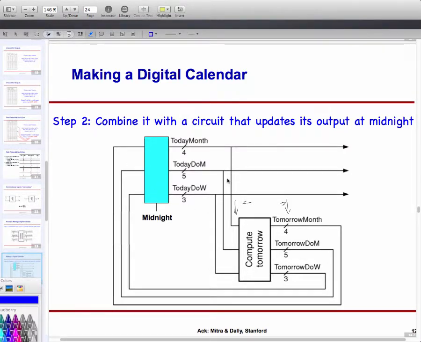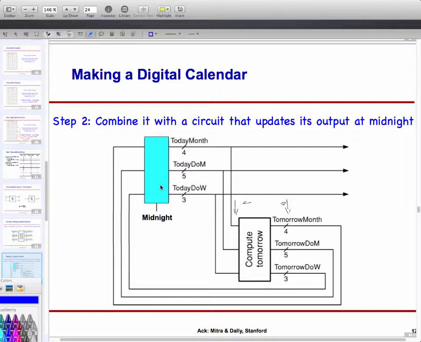And what you see out here, what we are doing in the circuit, is we take today's date, we feed it into our combinational block, which computes tomorrow's date, and then that is sitting on the wires out here. So we have a whole 24 hours to do this computation. As long as tomorrow's date is produced by the next midnight, we are okay. And at the next midnight, again, that process will repeat, and this will go on and on.